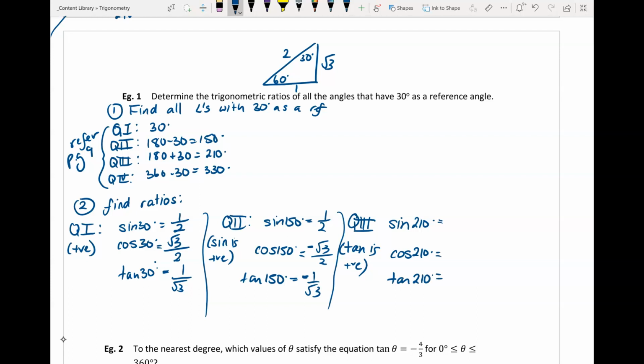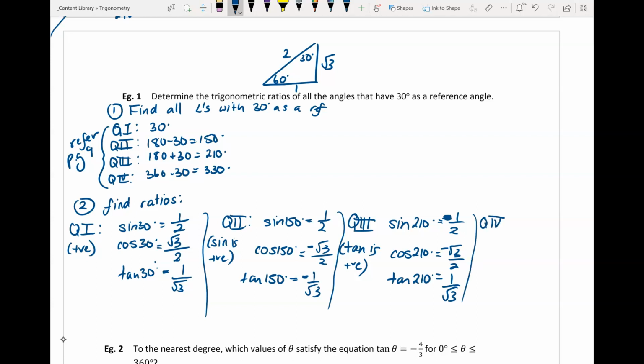Again, they're going to have the same numerical ratio as the one in quadrant 1 because your reference angle is 30 degrees for 210. The only thing that changes is its sign because we are in quadrant 3. So the only one that's positive is going to be tan, and then sine and cos are negative. So I'm going to put a negative in front of a half and a negative in front of root 3 over 2.